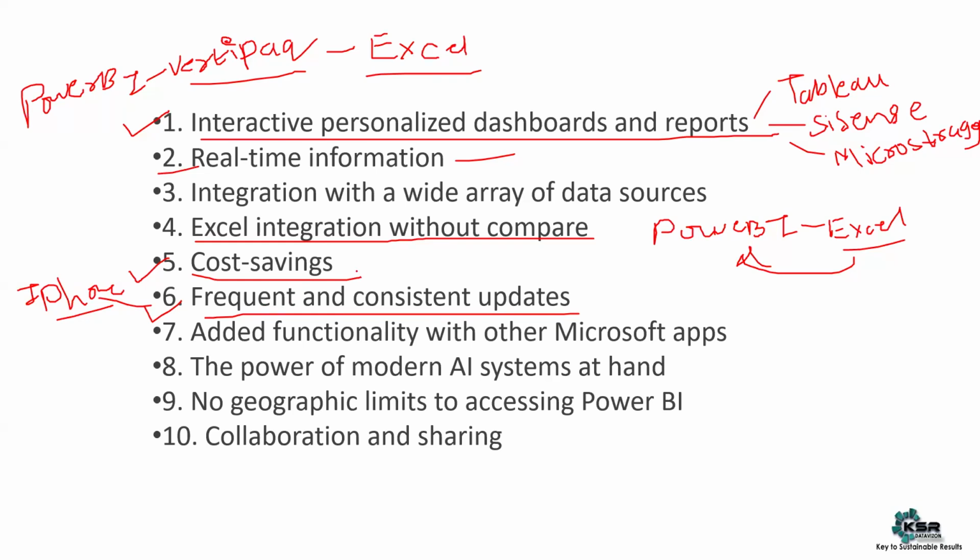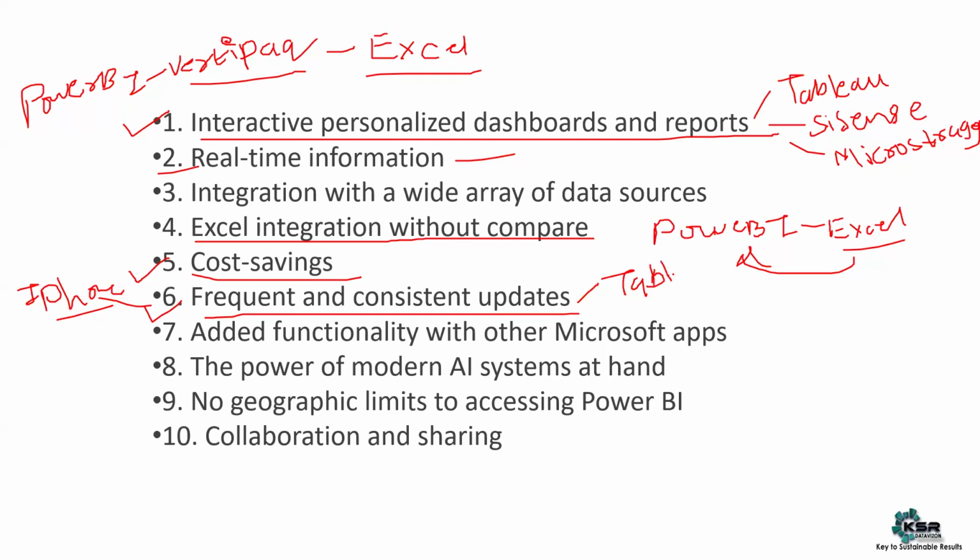That same concept can be used in your reporting tool as well, in your BI tool. If you're using Power BI and frequent updates are there, that means Power BI is in the market and is going to stay in the market for a longer duration. If you compare with Tableau, Tableau usually has updates every 3 months. Quarterly updates are there.